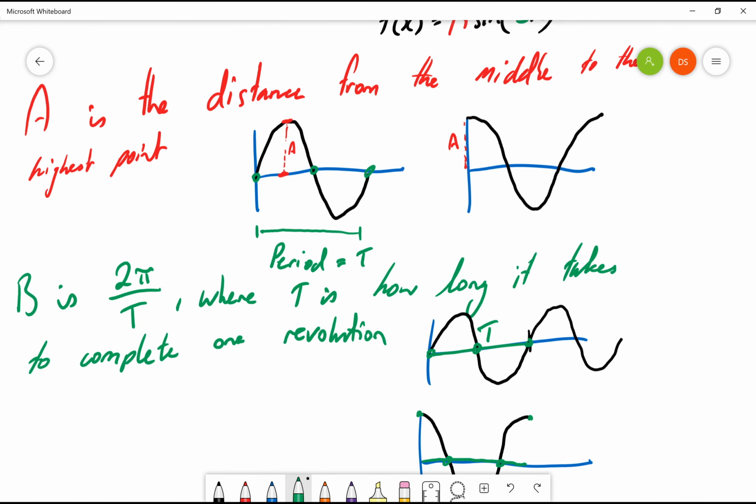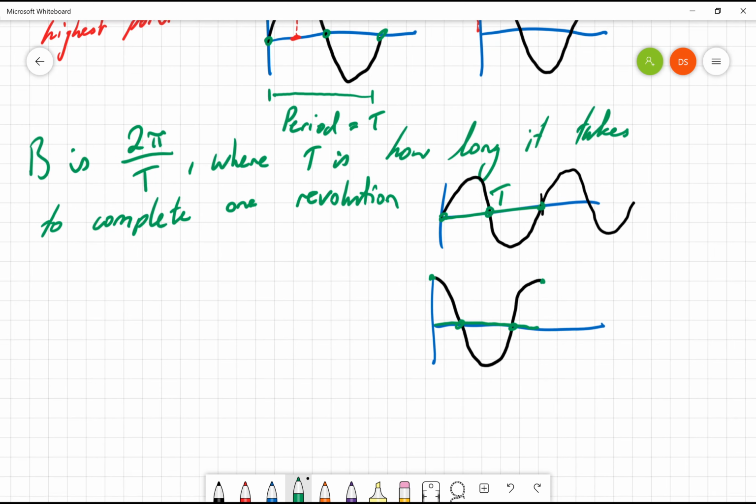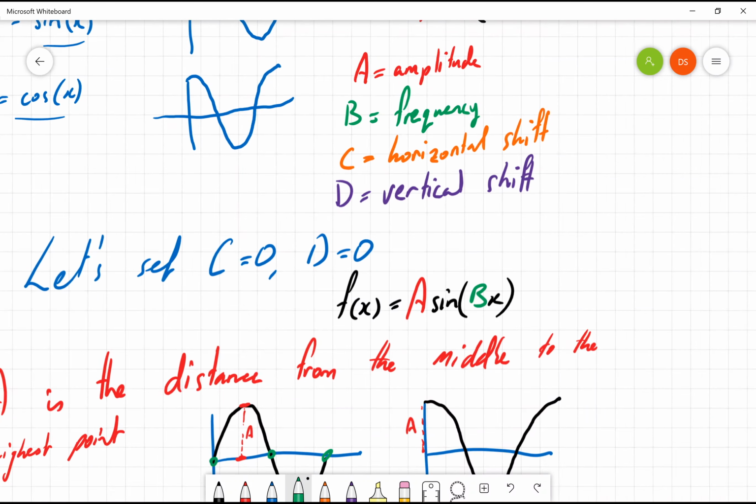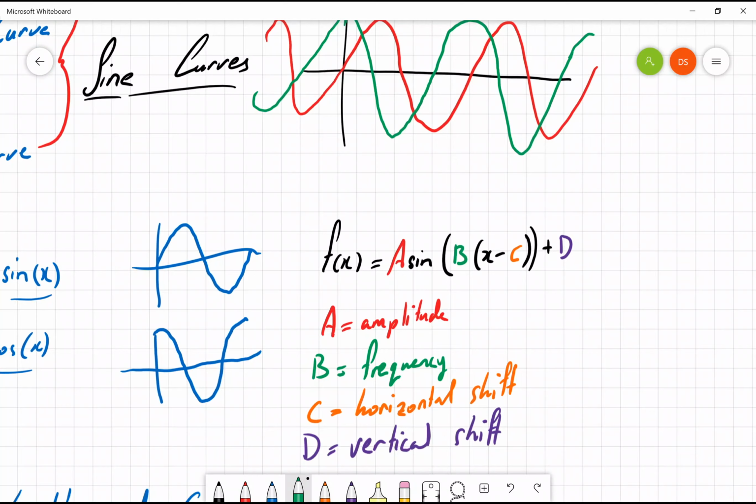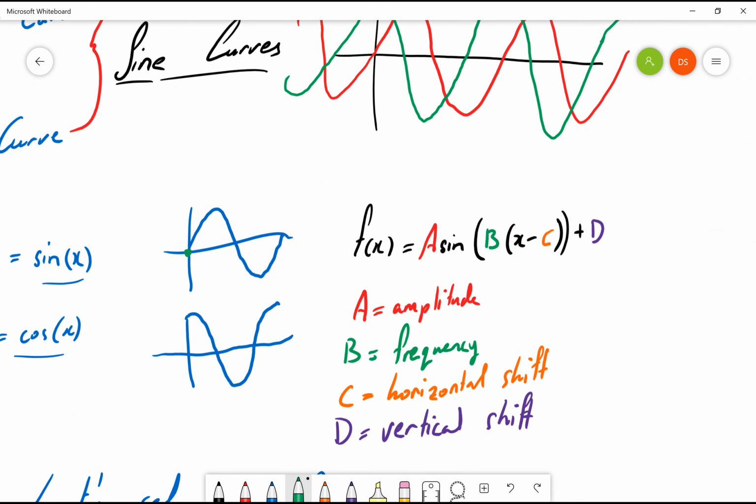Okay, and for those of you asking, if we go back to our original graph, this point here and this point here, their values are determined by C, comma, D, right?